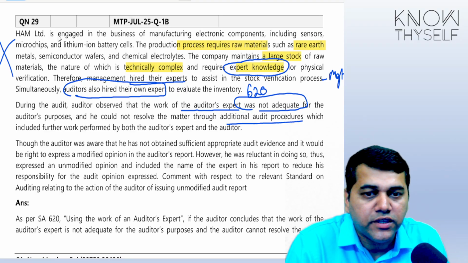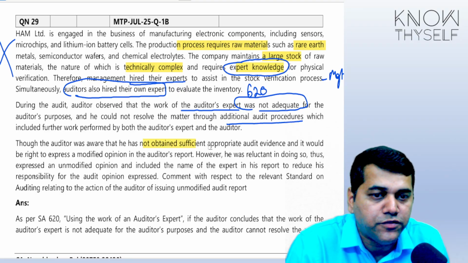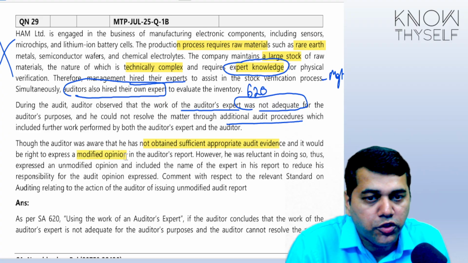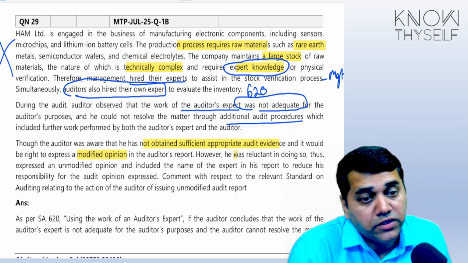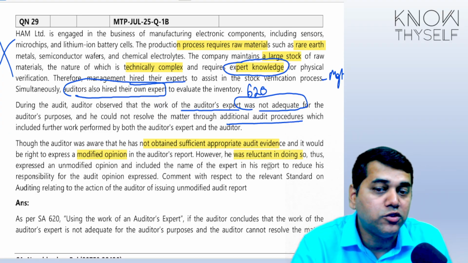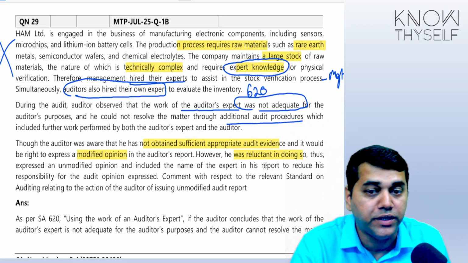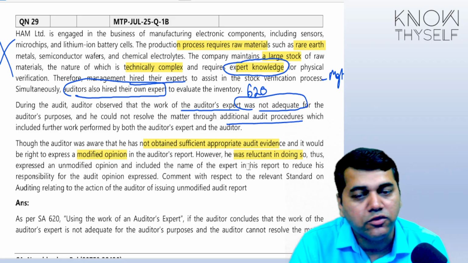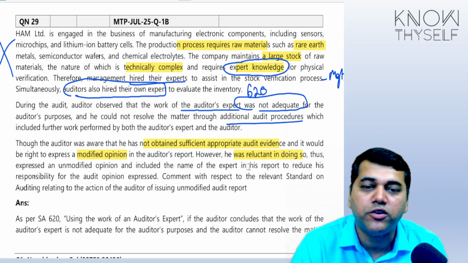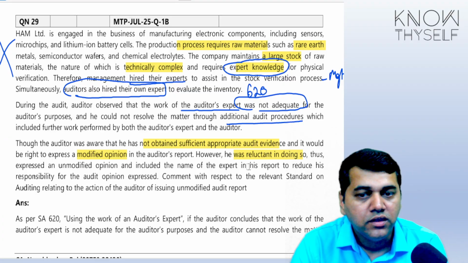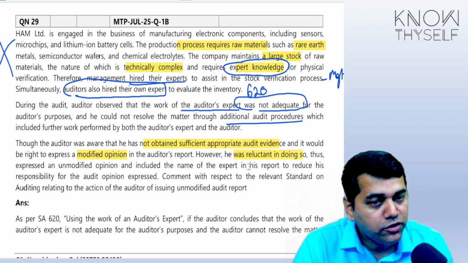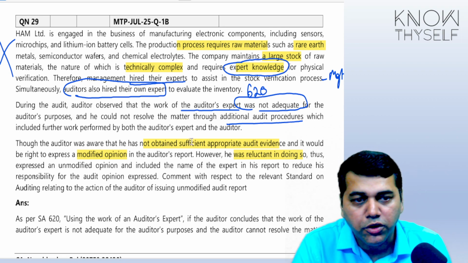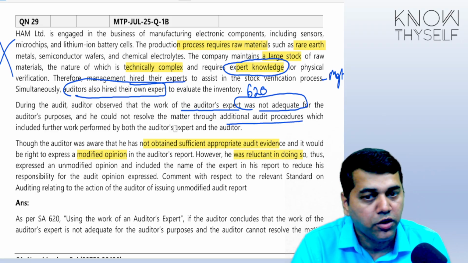The auditor was aware that he had not obtained sufficient evidence and that it would be right to express a modified opinion. However, he was reluctant in doing so. He knows that since the expert's work is not adequate, he has no choice other than giving a modified opinion, because this matter was unresolved. But what did he do?